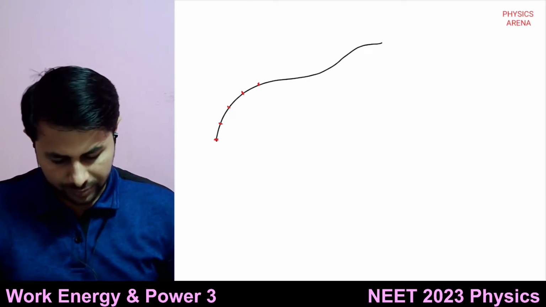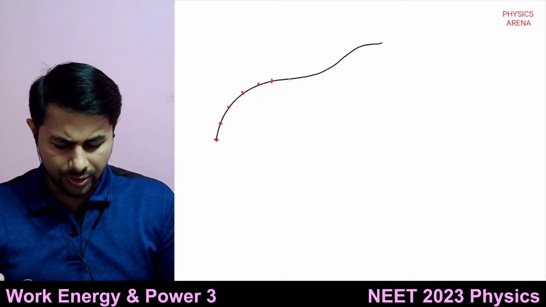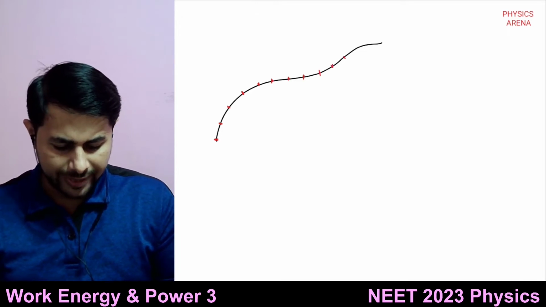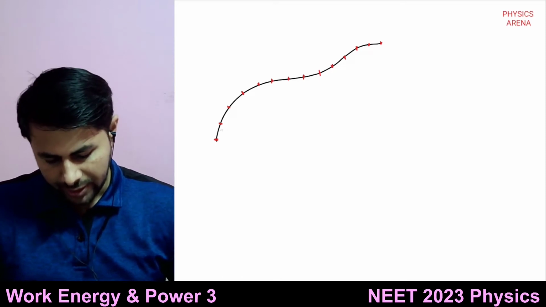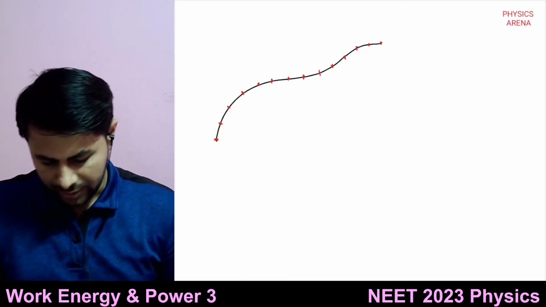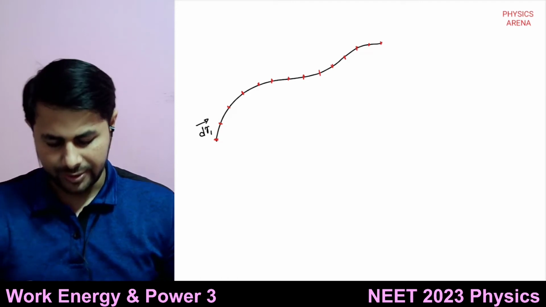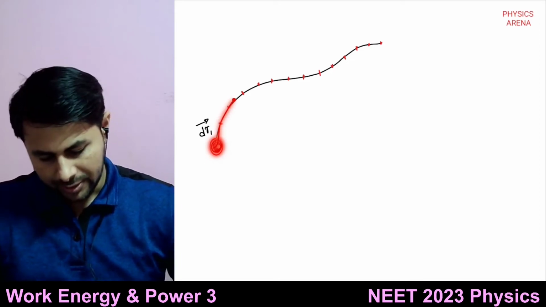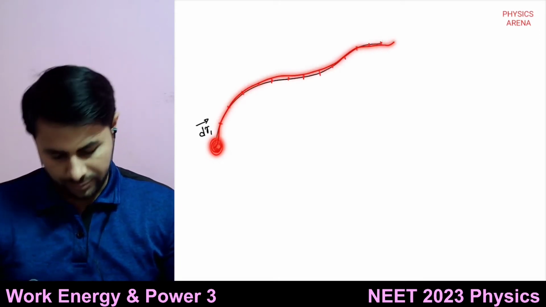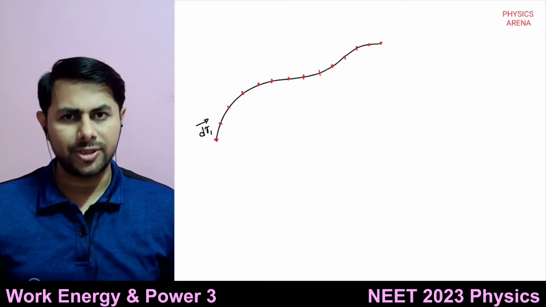Now I'm breaking it down into n number of small segments. Let's call this segment dr1 bar.